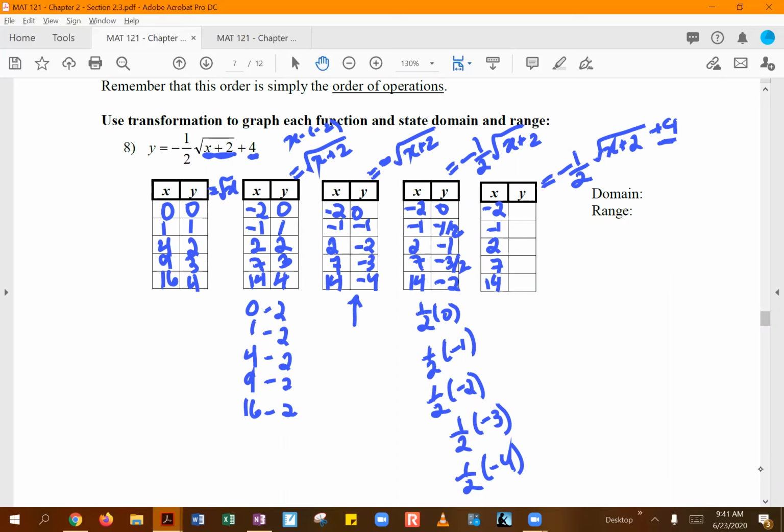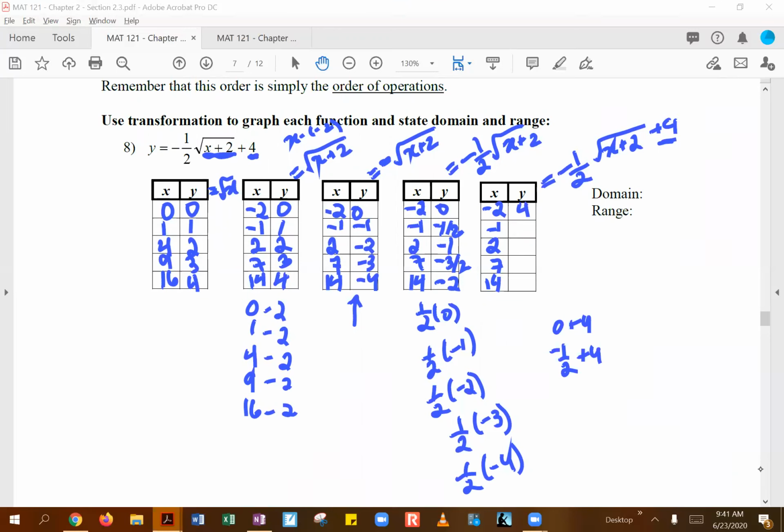table. So you've got your 0 plus 4. So of course that will give you 4 for the first value over here. We've got negative 1/2. So when you add negative 1/2 to 4, what do you get? And what would the rest of that table be once we add the 4 to it? Yeah, 3.5. Or if you want to leave it as a fraction, that would be 7/2.